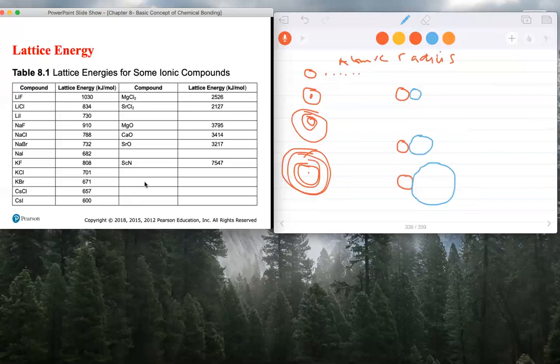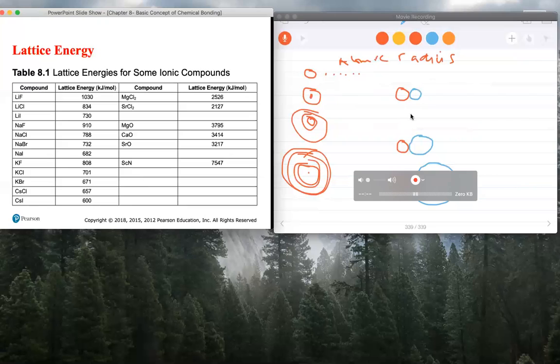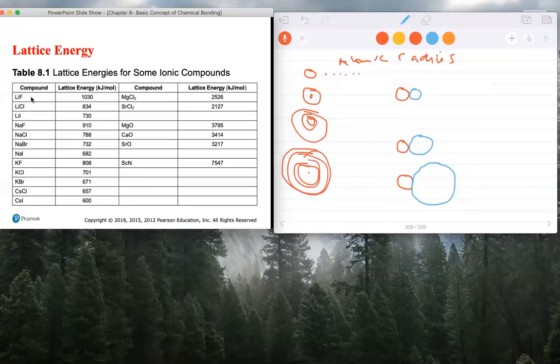Using the analogy of the meter stick, you can use your knee to break it, or use your foot to hold it and break it apart. The longer it is, the easier it is to break apart. In the same analogy, you will see why lithium fluoride has high lattice energy.